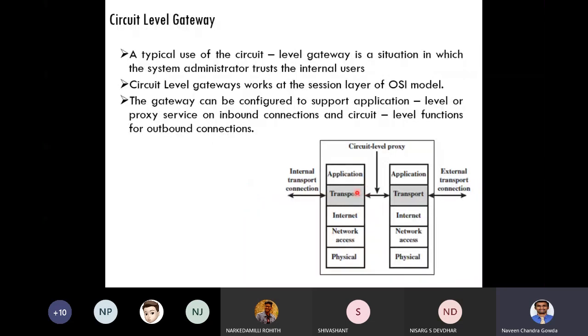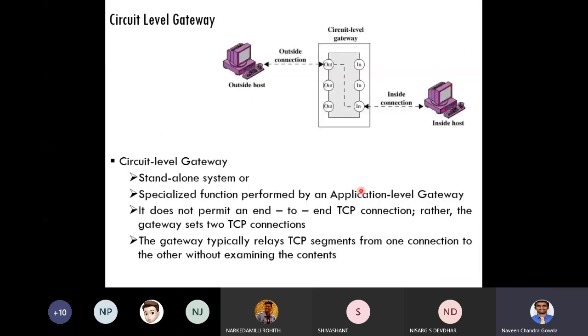Then I also said that as you will be dealing with the TCP connection, you also deal with the data in the form of TCP segments. So you will deliver the TCP segments from the transport layer to the next layer. In the TCP/IP model, the next layer will be the application layer itself.